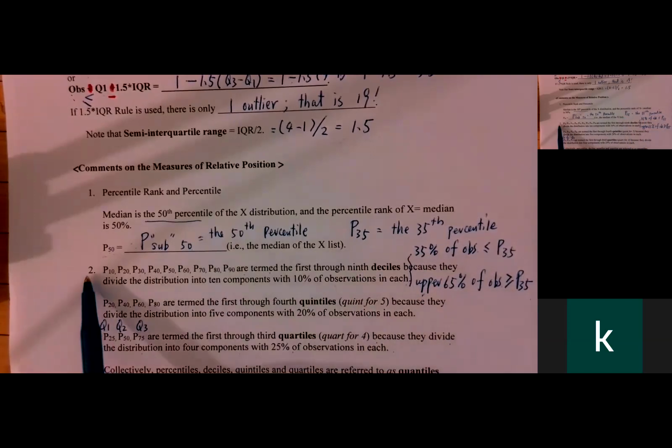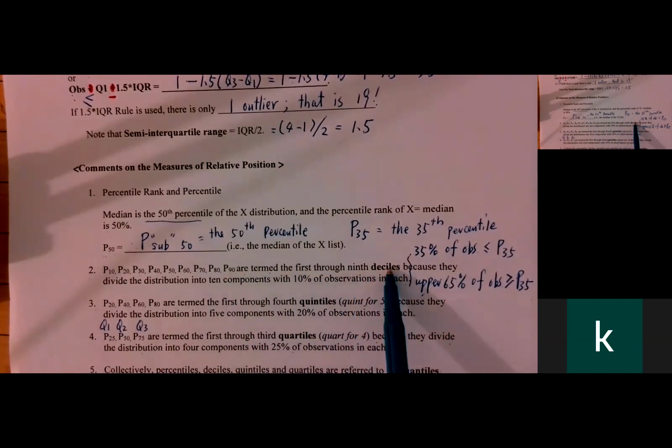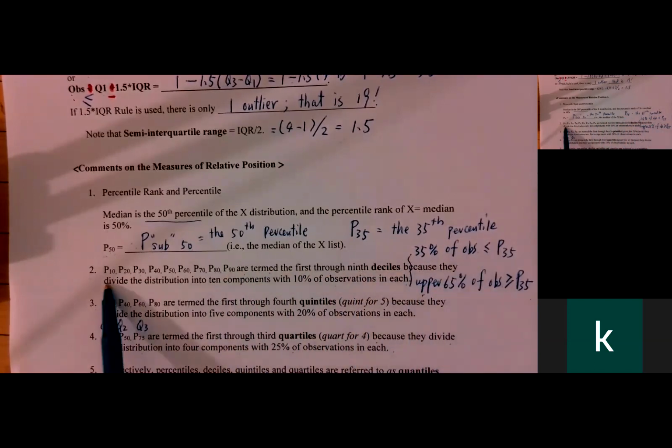Now, furthermore, we can define a lot of new terms, okay? 1. P10, P20, up to P90. These 9 numbers are termed the first through ninth deciles, because they divide the distribution into 10 components with 10% of observations in each. 3.